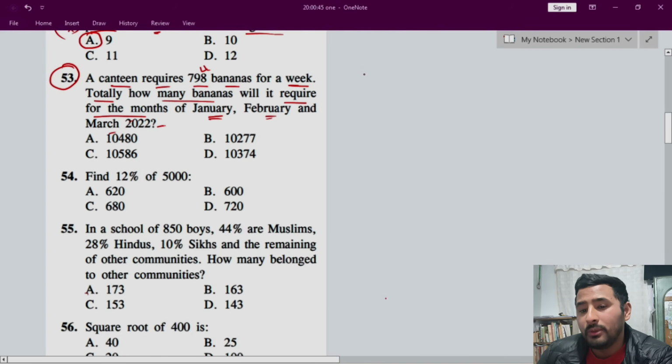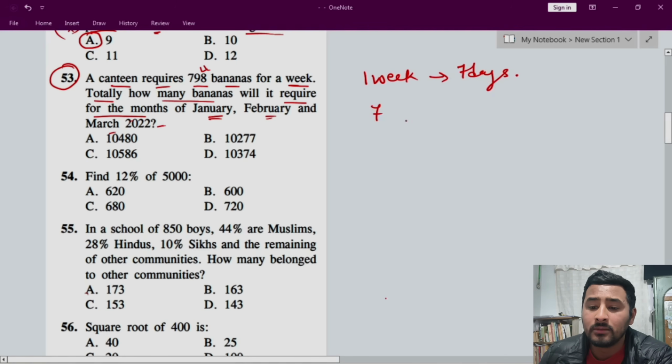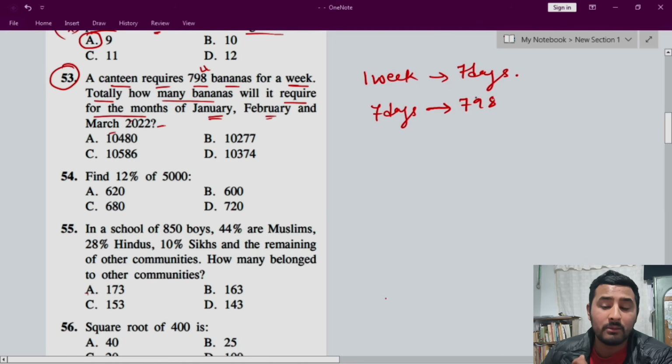First you will do it for 1 week. 1 week has how many days? 7 days. So for 7 days they are taking how many bananas? 798. Do it like this. Remember, for 1 day is how many bananas?